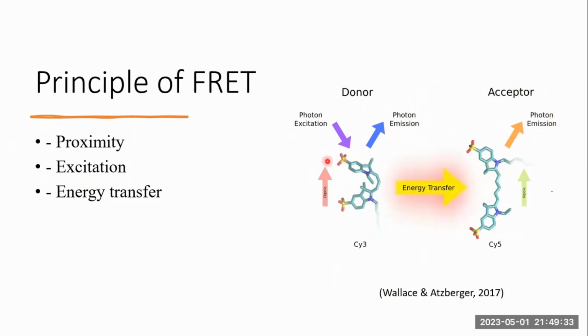So we can observe 4 peaks, 2 for each donor and acceptor molecule, one for the photon excitation and one for the photon emission. And once the donor has enough energy, it will transfer its energy onto the other molecule. Now, of course, FRET stands for Förster Resonance Energy Transfer.